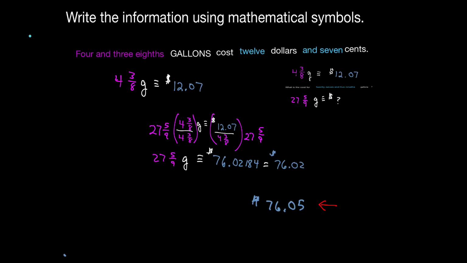The answer we got when we divided and approximated when we multiplied was $76.05. The correct amount of charge before any taxes are added should have been $76.02.